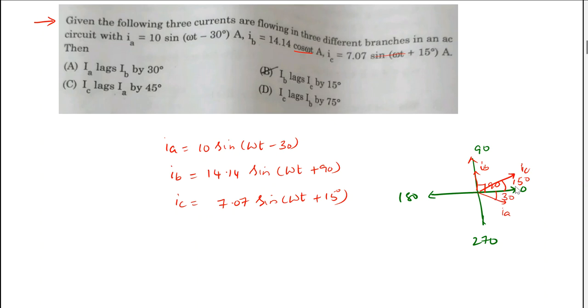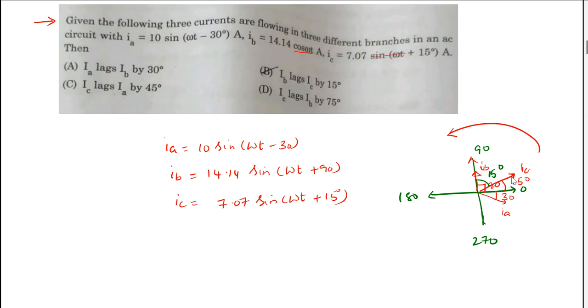Okay. Now see here, who is leading, who is lagging here? Just no concept here. This plus 15 means it is lagging. Now see here, the difference between IB and IC. When we are taking this in the counterclockwise direction, phasor rotation here, the angle between the IB and IC is 90 minus 15, that is 75 degrees here.